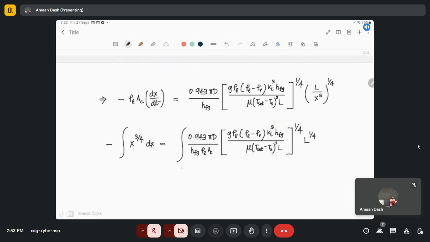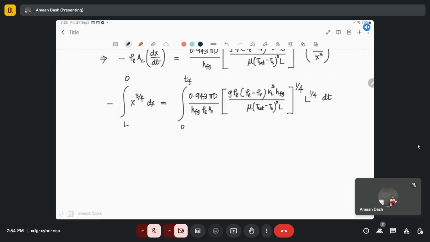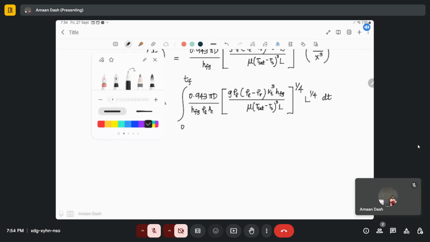And here we will be having dt, so 0 to t_f, and x is from L to 0 because it's in the opposite direction. Okay, so if we do that, we will be getting x to the power of, I think I am making some mistake, right?